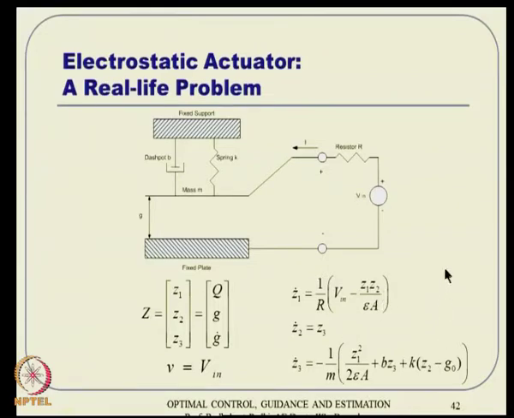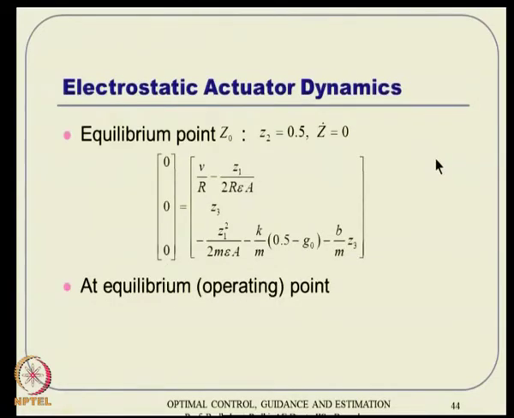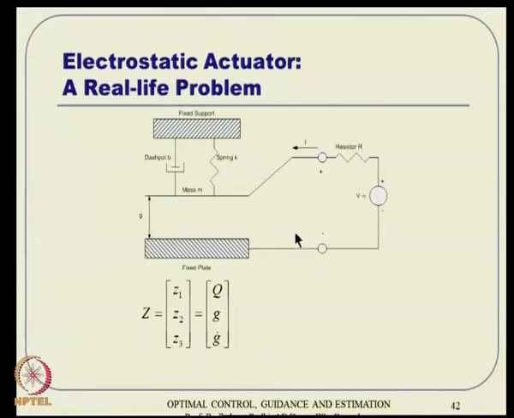So, we wrote that in a state space equation, but now remember there is a necessity of finding out the equilibrium states actually. Okay. So, for that, this problem has all these parameter values given something like this. And then at the equilibrium point what will happen? You consider this. Okay. Remember Z2 is the G, and G is a desired value given to us actually.